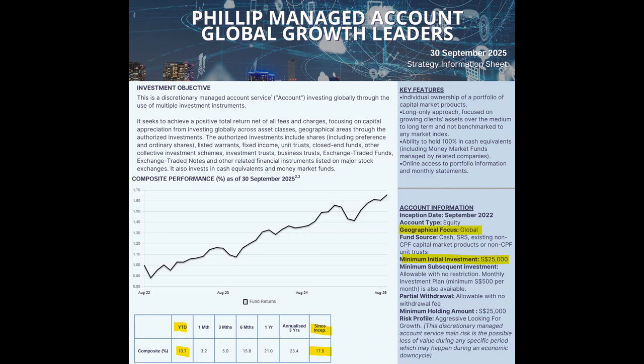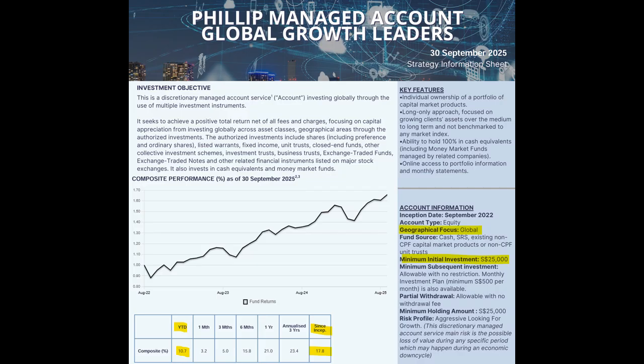The black line that you see here is the equity curve of the portfolio, and it started off with 1, which is the inception point. After an initial correction, generally this portfolio has been on an uptrend, and of course whenever the market corrects, the equity curve will correct as well.